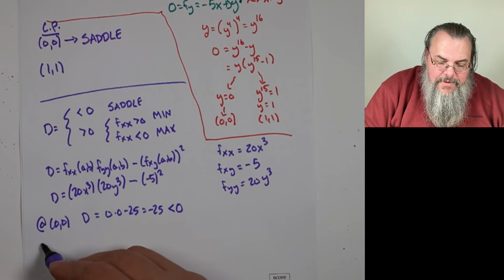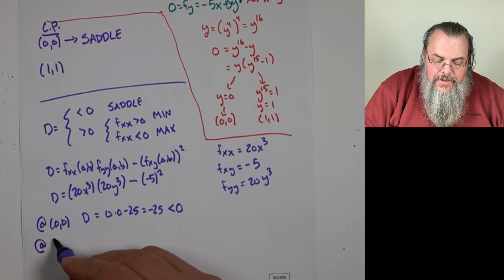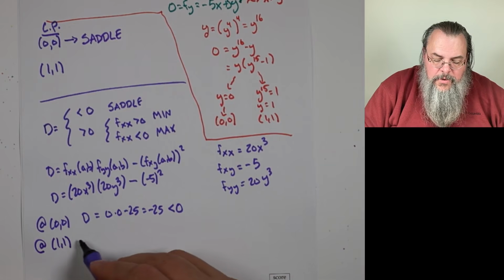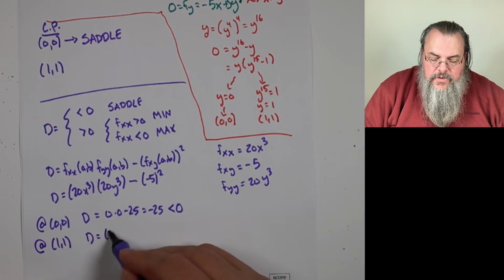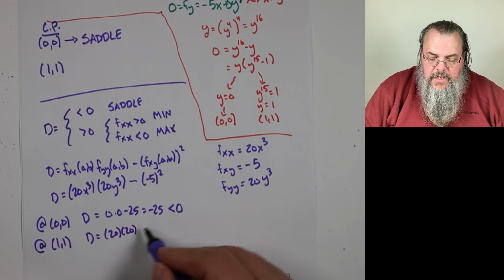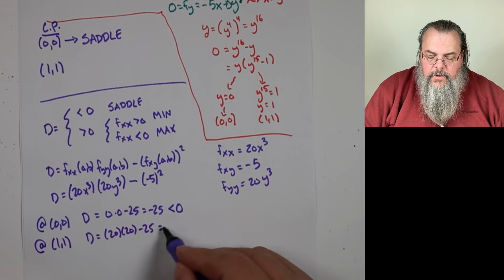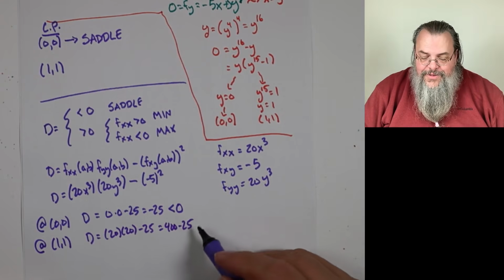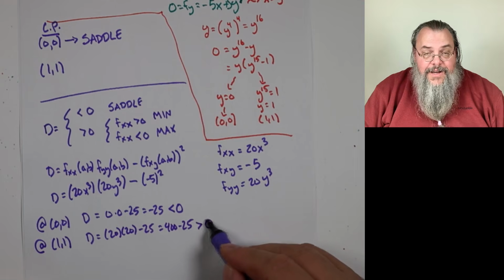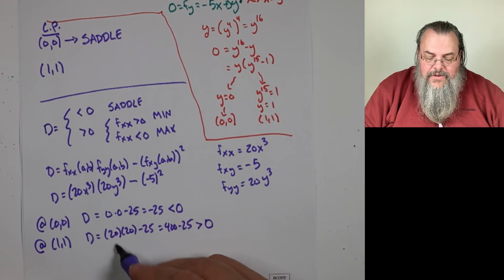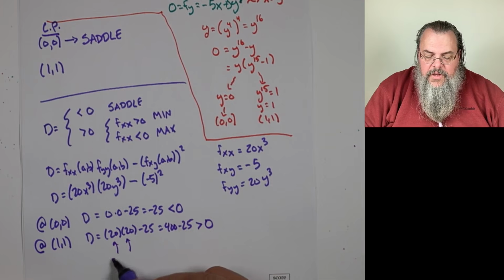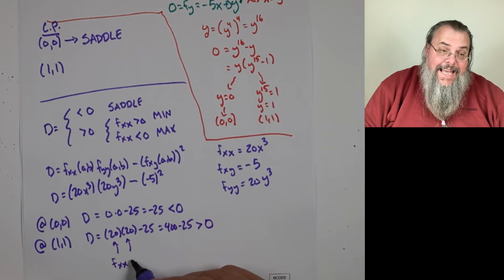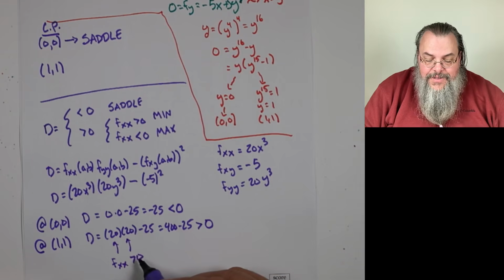So what happens at 1, 1? Well, we get 20 times 20 minus 25. That's 400. Subtract 25. We don't need to know that that's 375. We just need to say, hey, that's positive. And notice that both of these terms, fxx and fyy, are positive.